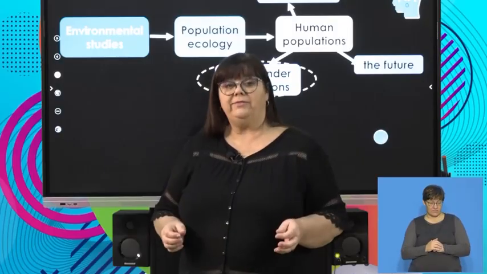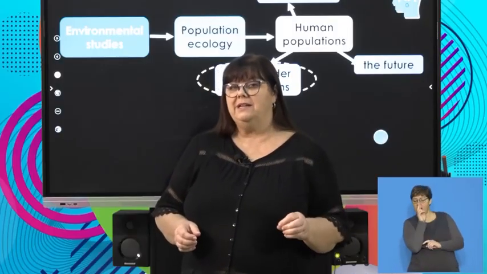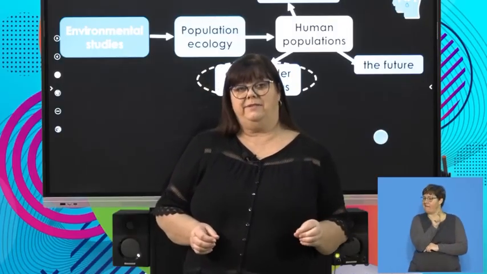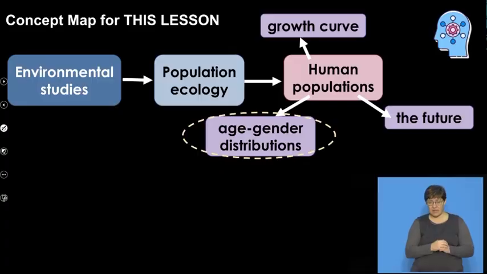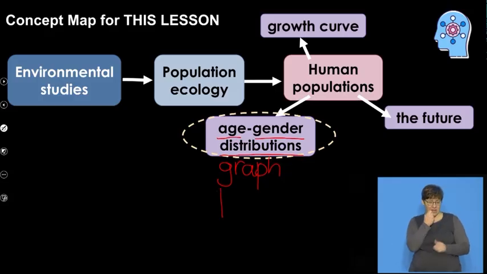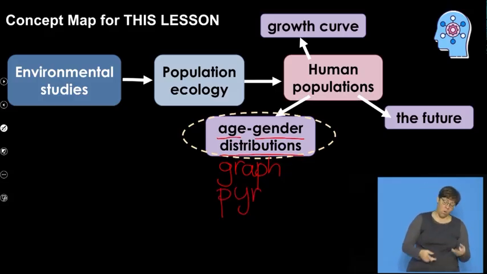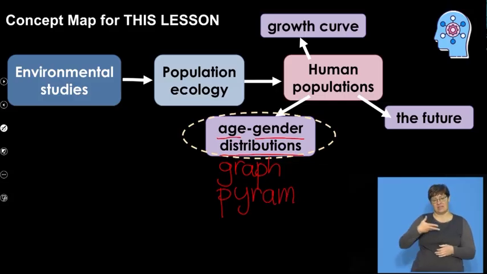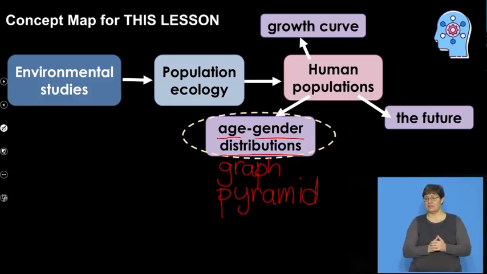So a kind of graph that helps us to understand this information is what we call an age-gender distribution. Sometimes this is also called an age-gender graph, and sometimes it's called an age-gender pyramid. So you might see in your textbooks different terms used to describe exactly the same thing.